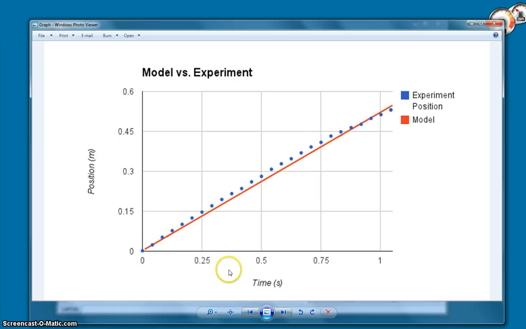And for the x-axis, we had the time in the measurement of seconds, and for y it was the position in the measurement of meters. And as you can see, there's a slight variance between the experiment's position and the model's positions. And this could be from a couple of things. When I was following the object in Tracker and collecting the center of mass, I could have been off by a bit.